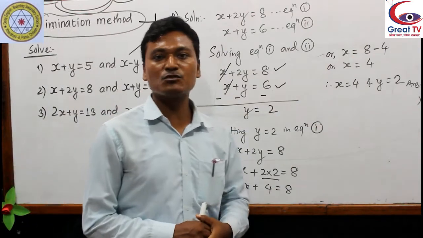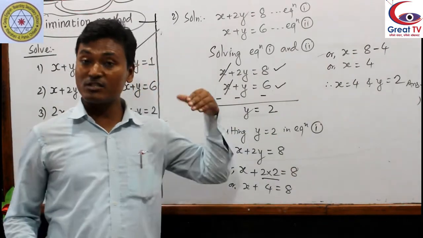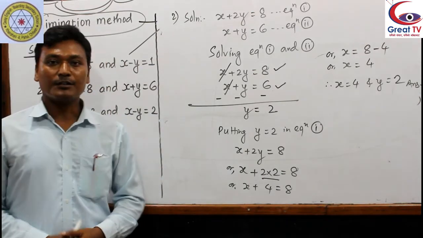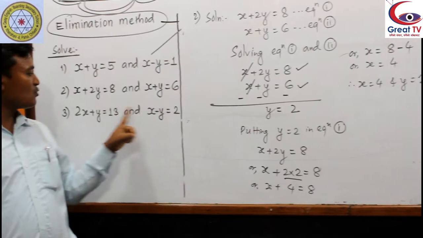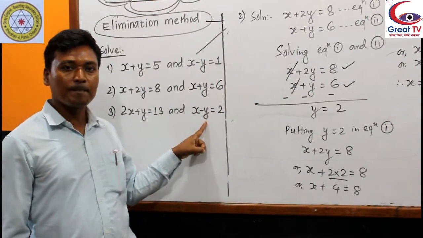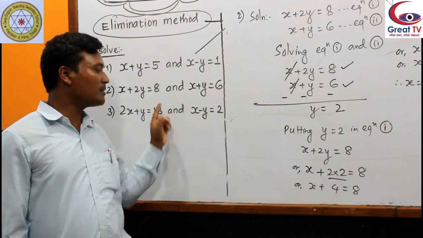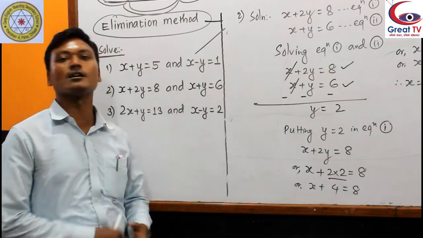And you know the idea to check the answer, you can just check the answer also. And in the third problem, to eliminate the y variable is easier because here is plus y, here is minus y. So it is easier to eliminate the y variable first.